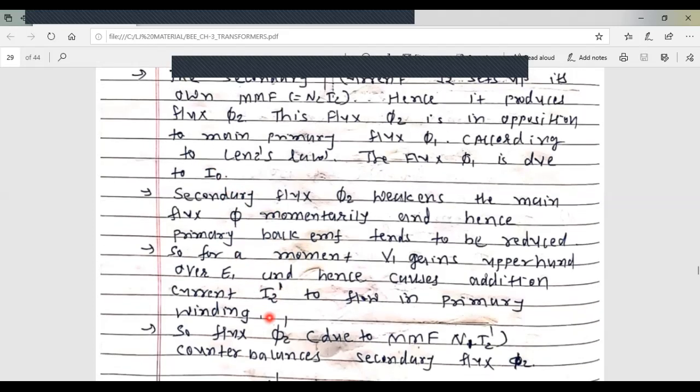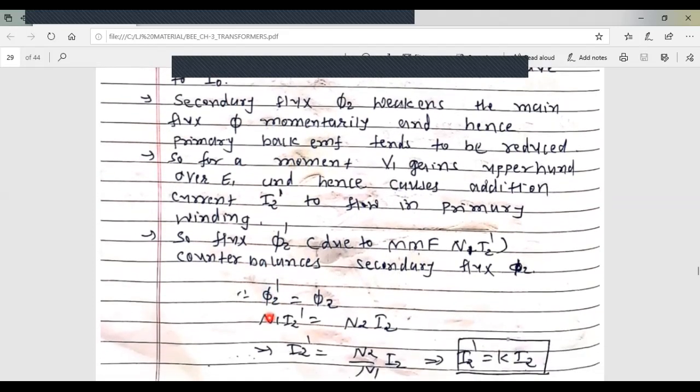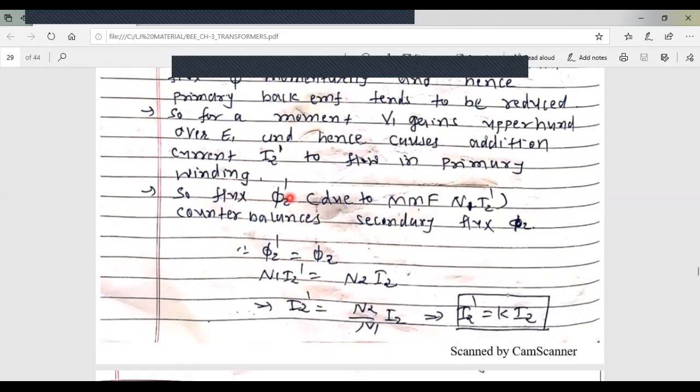Now, see here, this flux phi2 dash is due to the MMF N1 I2 dash. Why N1 I2 dash? Because that flux phi2 dash is in the primary winding. That's why we are considering the number of turns of the primary winding and the current which is opposite to I2. So N1 I2 dash is the MMF and the flux produced, phi2 dash, is due to that N1 I2 dash.